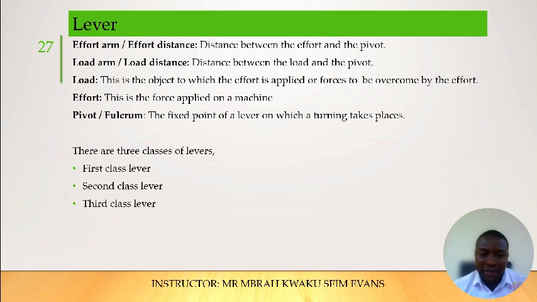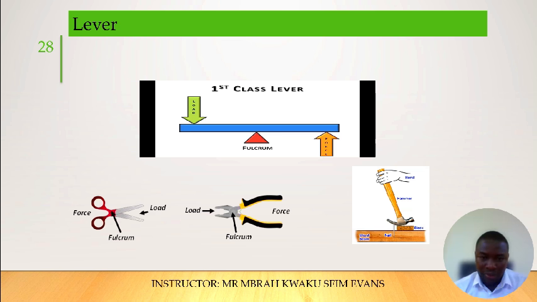For the first class lever, the pivot is between the effort and the load. For the second class lever, the load is between the pivot and the effort. And for the third class lever, the effort is between the pivot and the load. So the definitions of the classes of lever depend on the position of the pivot, the effort, and the load.